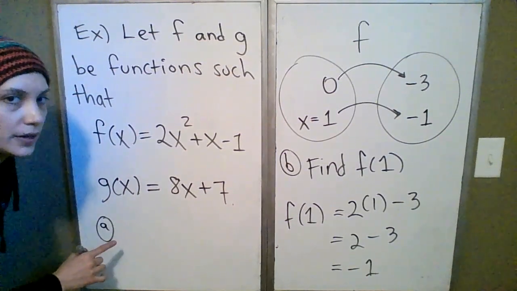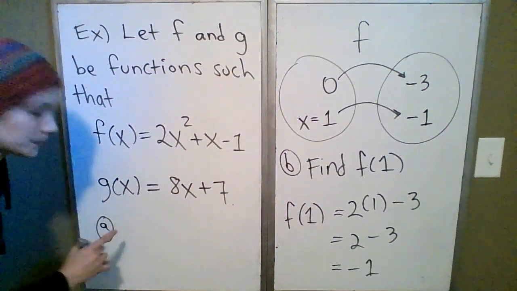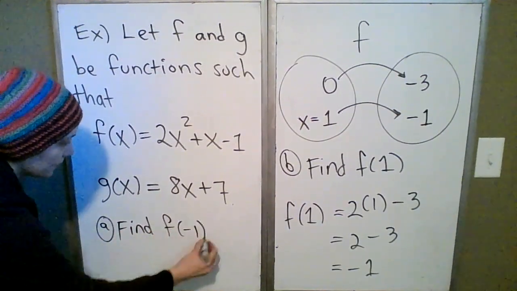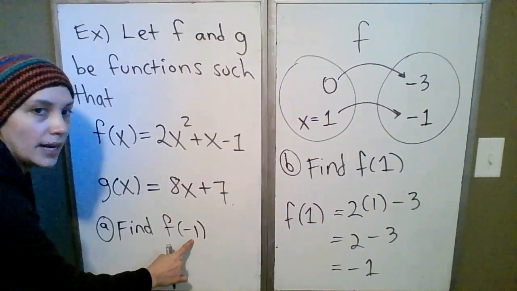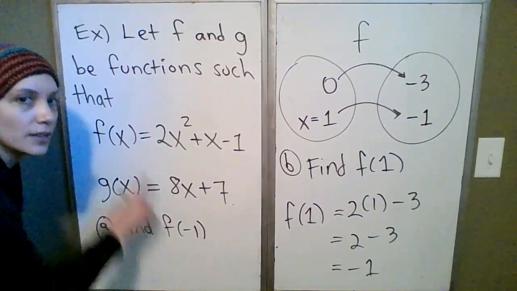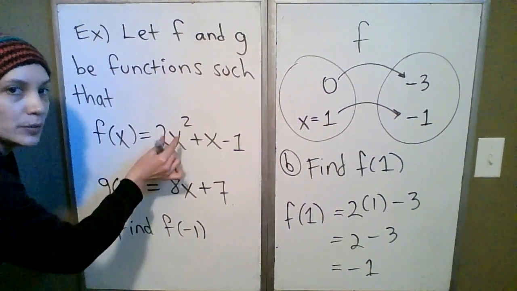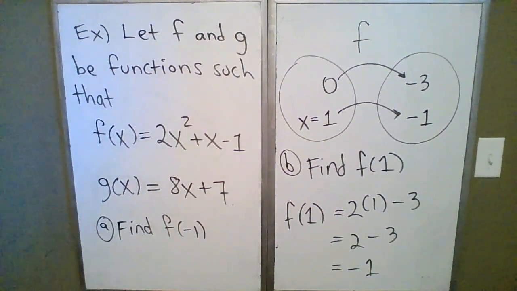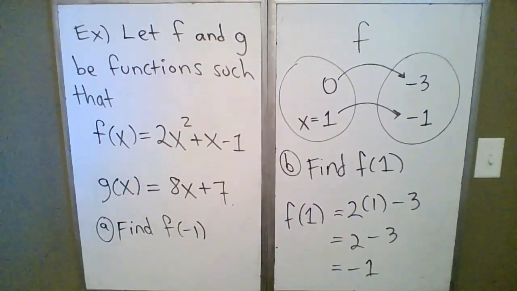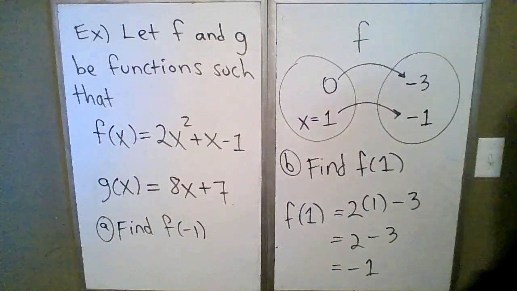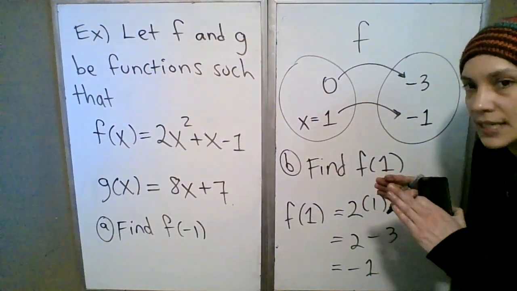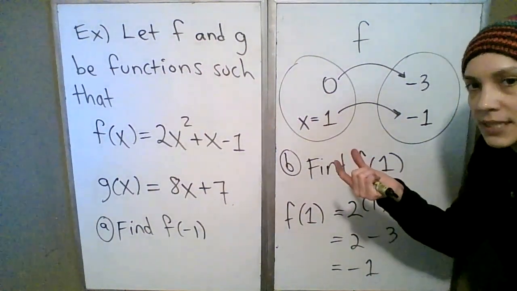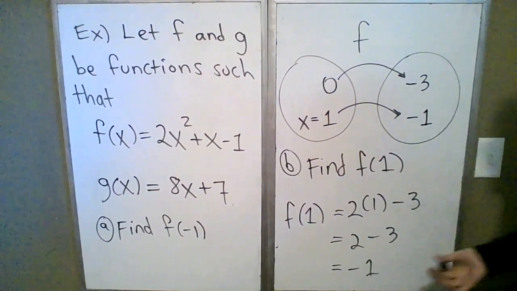First, find f of -1. So you're putting -1 in for x through the function f. You need to put it into that function and replace this x and this x with the input -1. I find it's helpful if every time you see an x, you put parentheses and then put that input inside.